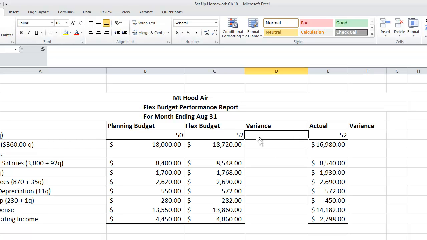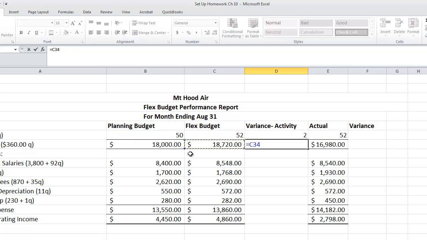Alright, so in order to calculate the difference, which is variance activity, this is based on the fact that flex is different than planning. We're going to take our flex and minus the planning for the revenue and the number of flights.